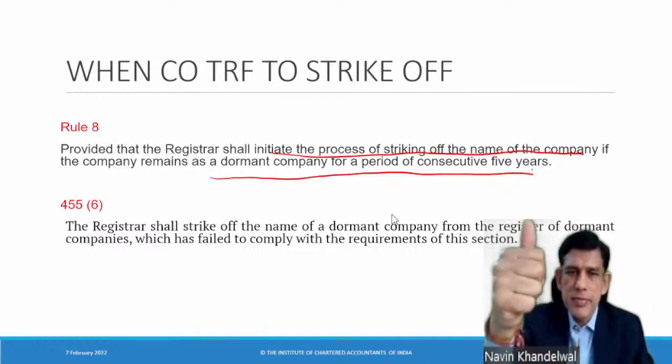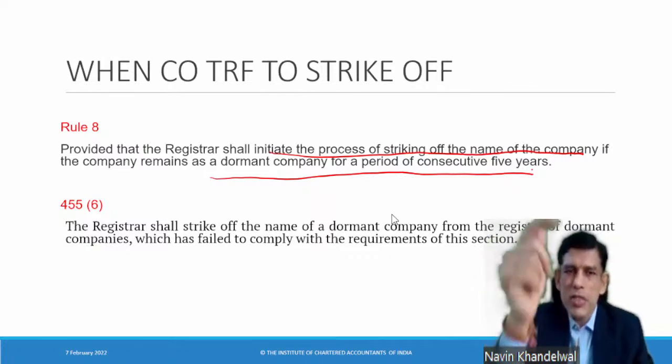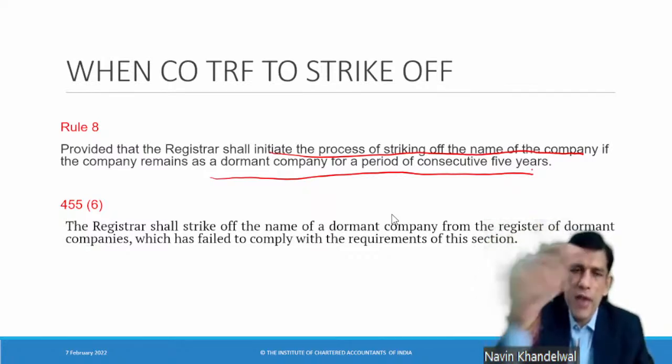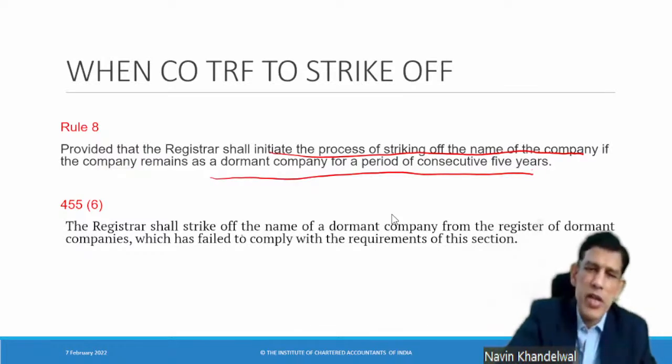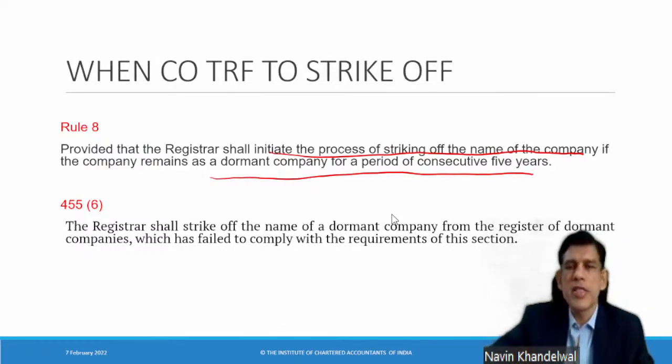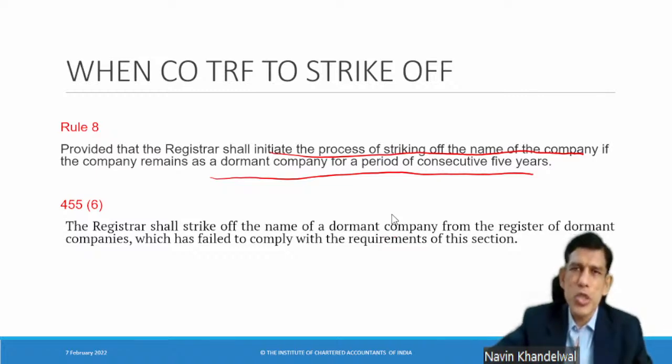And second, if you have failed to comply with the requirements of this section under section 455, the power has been given to the registrar to strike off the company's name from the register of the dormant companies. So under two situations, your company's name can be striked off.